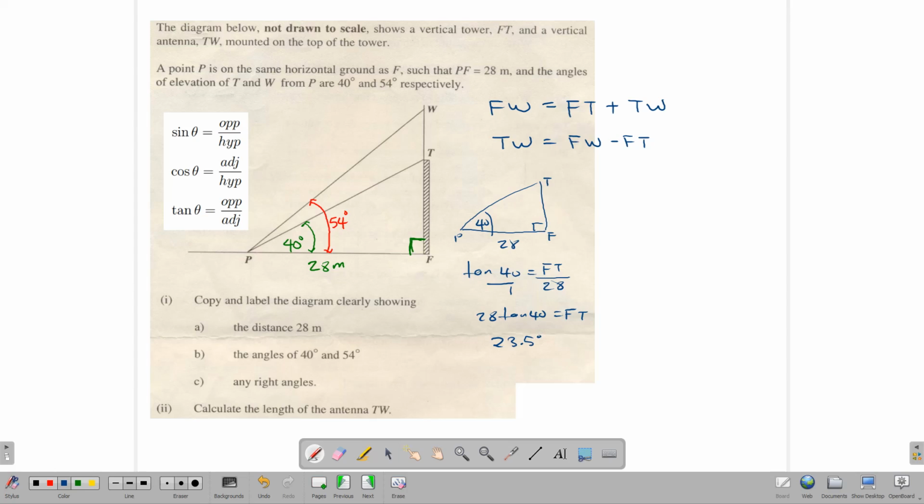That's that. And then we can find the other one now, FW, by drawing the bigger triangle. So let's draw the bigger triangle. So this is 54. That's our right angle there. And this is F, this is W, and this is P. Of course, this is still 28.